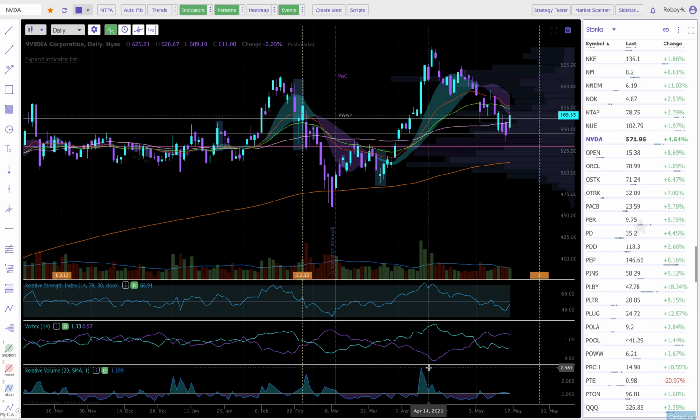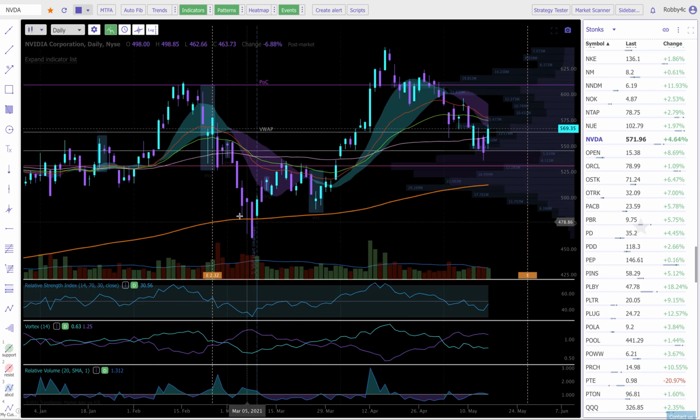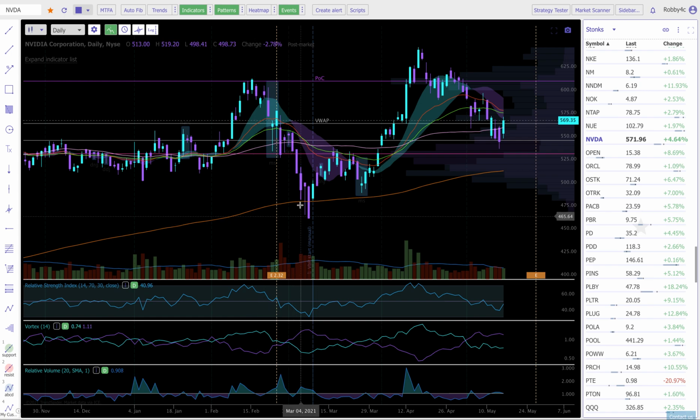The sellers are outnumbering the buyers by too much, and there comes a point, usually at a critical supply zone, in this case the 200 EMA, where the buyers really step in and drive the price the other direction, and this is a reversal.